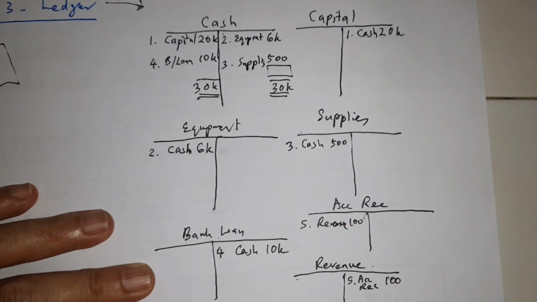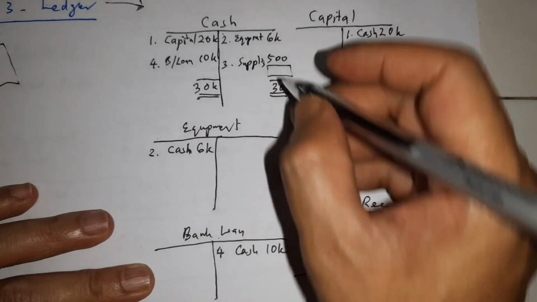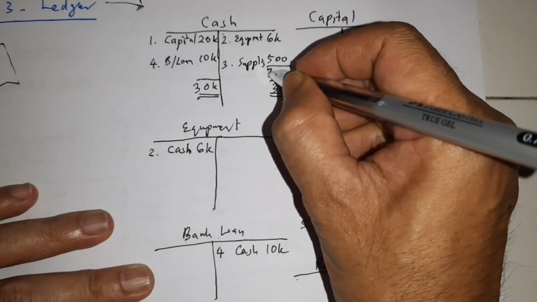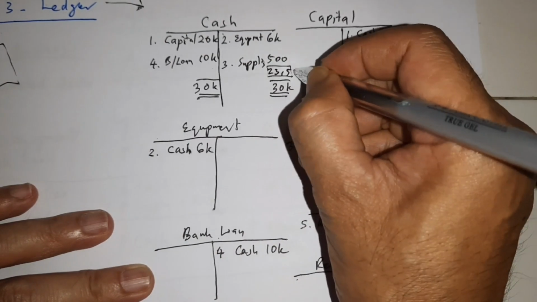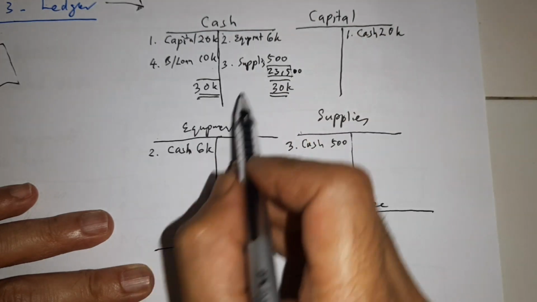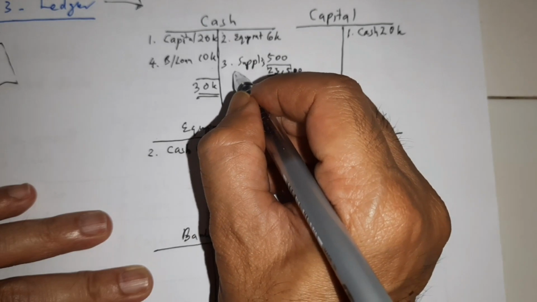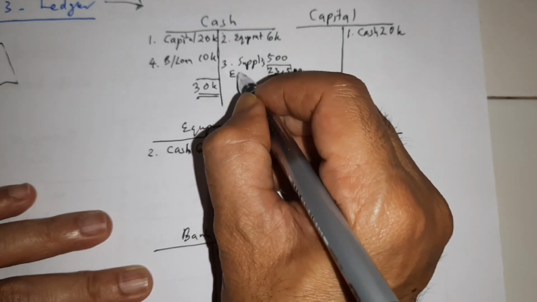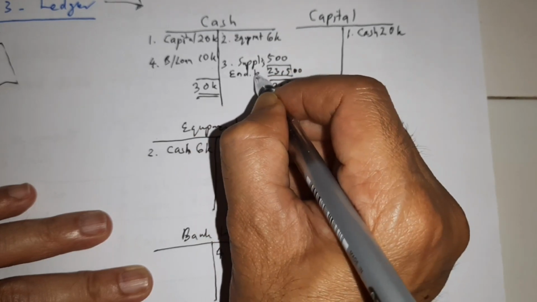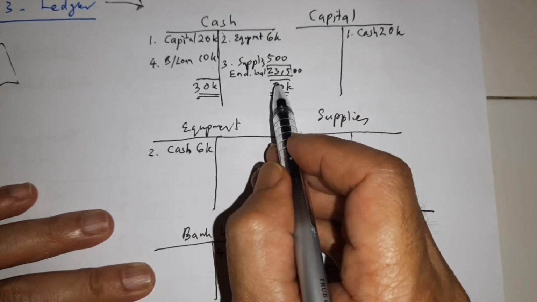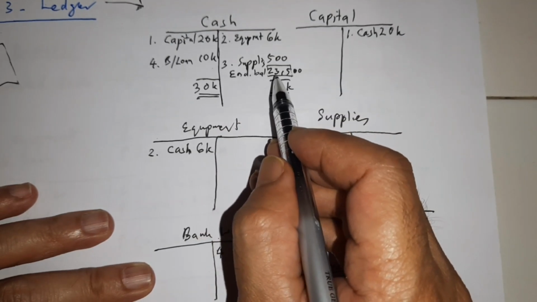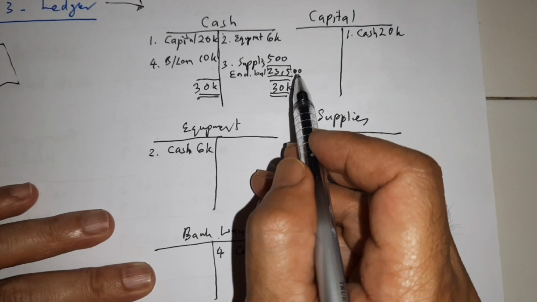The difference is 23,500. For this difference, you name it as ending balance. Ending balance for account cash is 23,500.